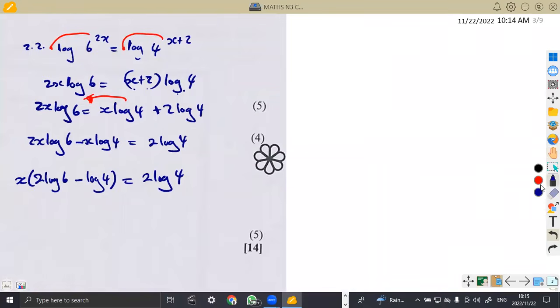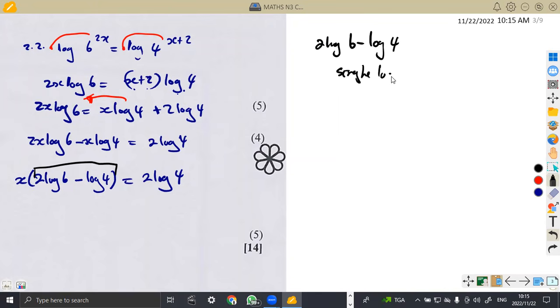I want us to take a closer look at what is happening on this bracket here. We have got 2 log of 6 minus log of 4. So let's apply our logarithm laws. We are supposed to have a single log. We can raise the 2 to be the exponent. Remember, p log of m is equivalent to log m to the exponent of p.